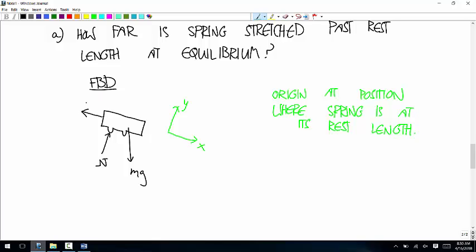So I'm going to write this as 250x. And think about the other one. If x is negative, the object's moving up the ramp, and so you would get a negative 250 times something negative, and that would switch the sign and push it down the ramp. So that's the right sign.